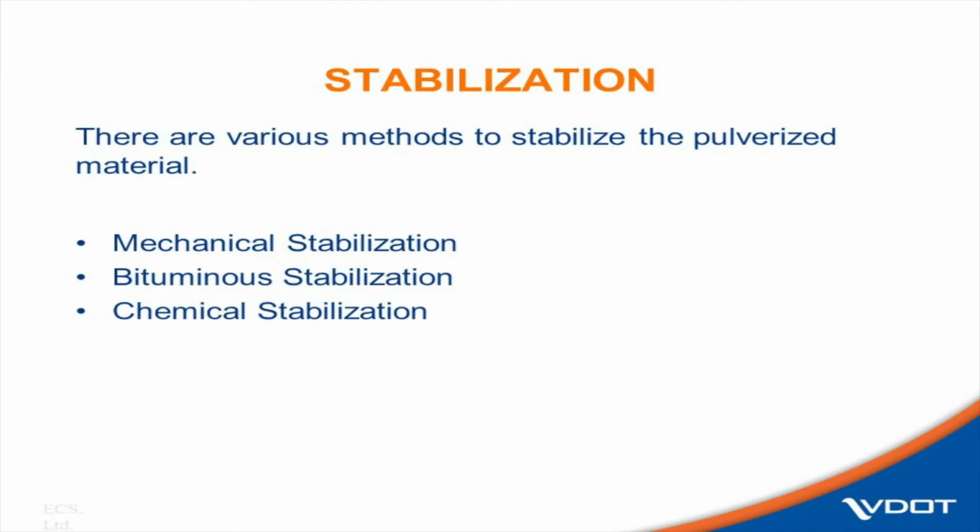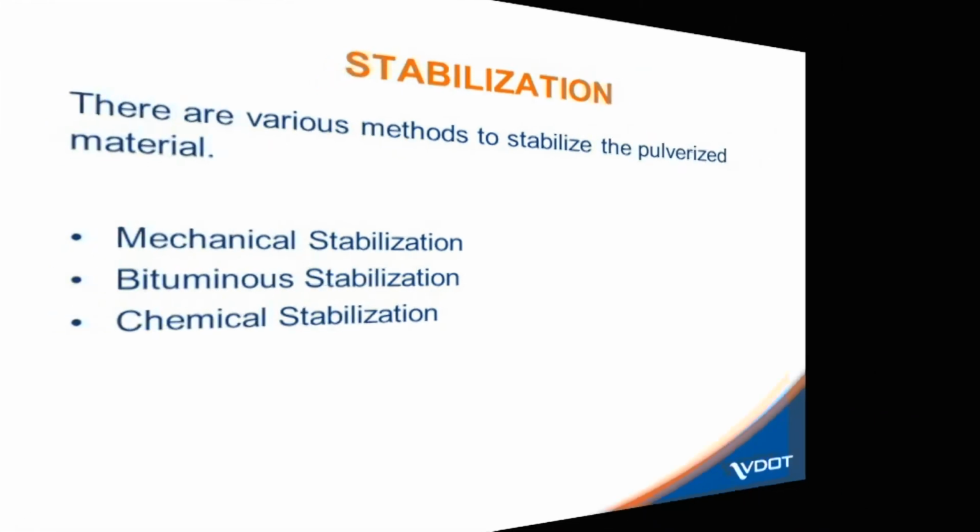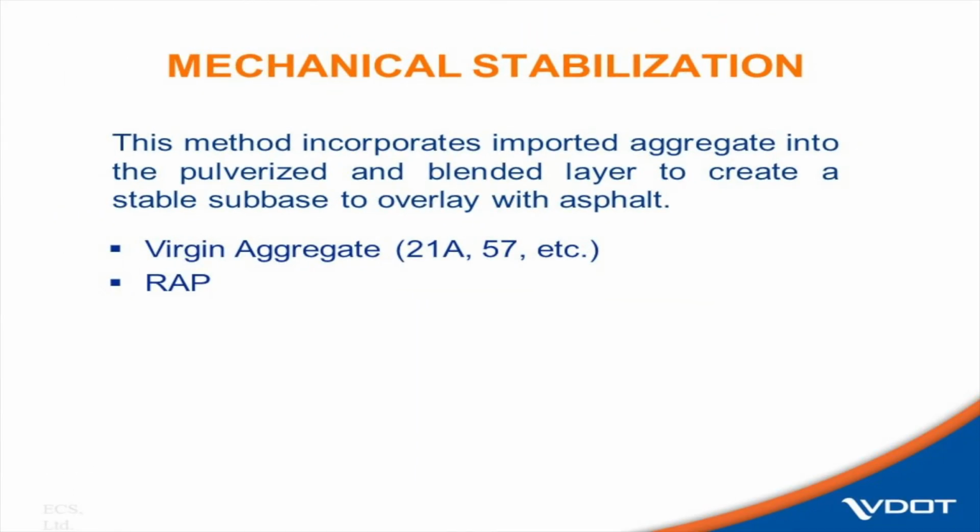So ways to stabilize. There's mechanical, bituminous, and chemical. Chemical is generally lime, cement. We'll talk about each. So mechanical, we're going to go ahead and add aggregate, get some big particles in there. And it can be RAP, it can be 21A.